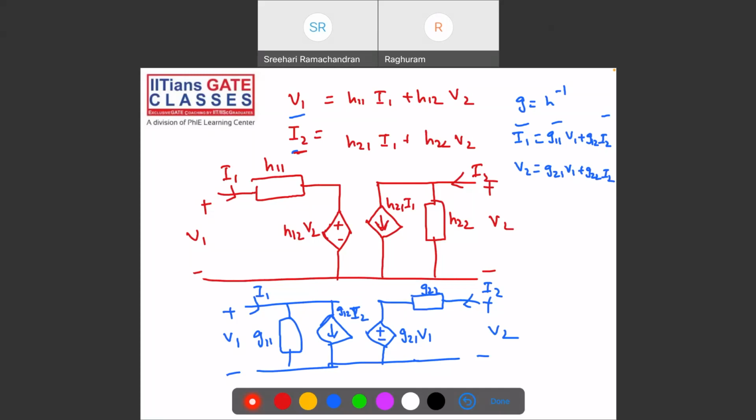Okay. So find H parameters for this. Conversion from Z to Y and Y to Z is simpler.